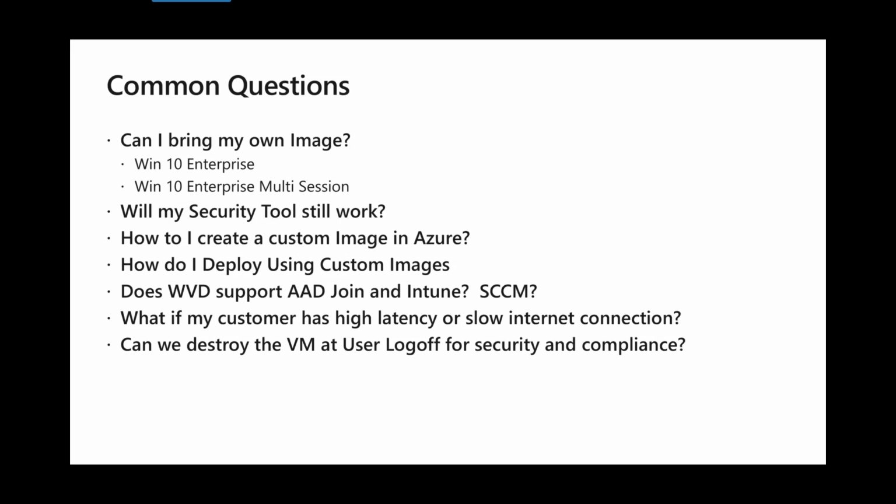Will we support AAD join? This is where customers need to be fully committed to the cloud. They don't want any on-premises resources. You'll see that come out from us probably later this year, early next year, for the WVD platform. Citrix and VMware also have the ability to do that. And if we have high latency or a slow internet connection, that's where I talked about that last mile connection into Azure, and then we take advantage of the Azure backbone to enhance that.